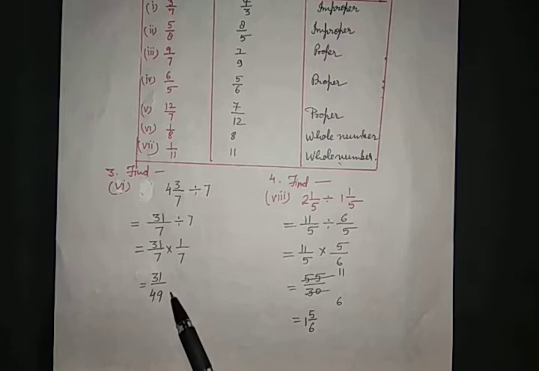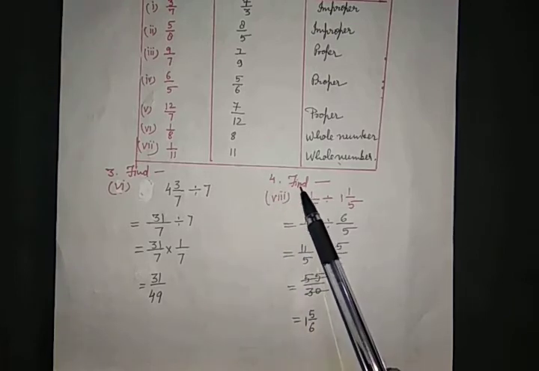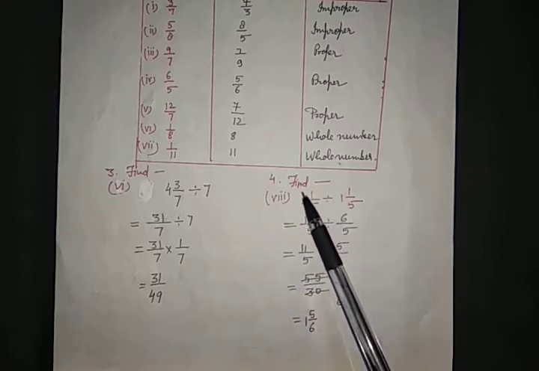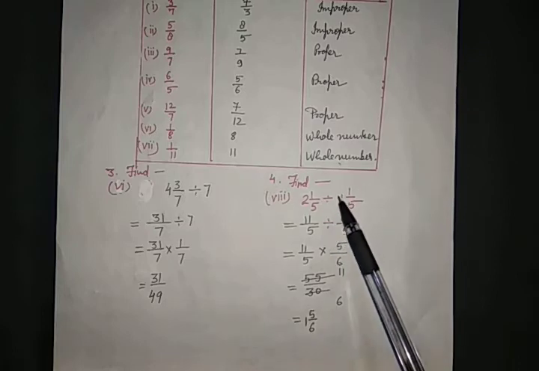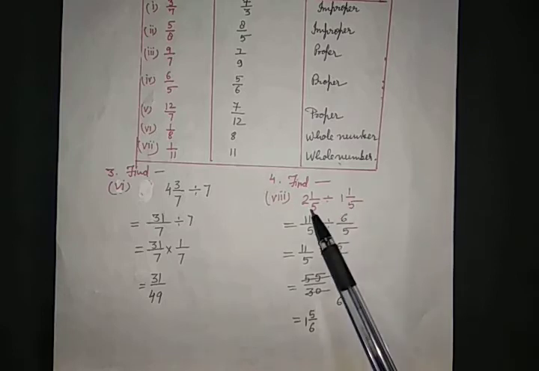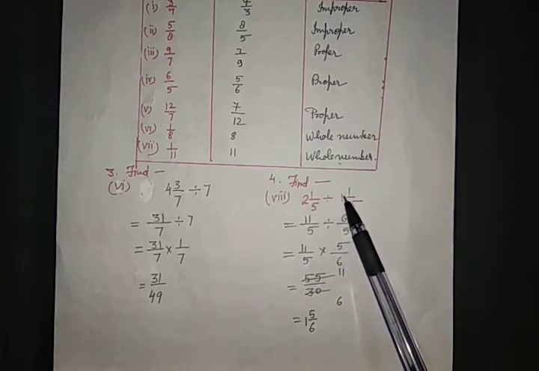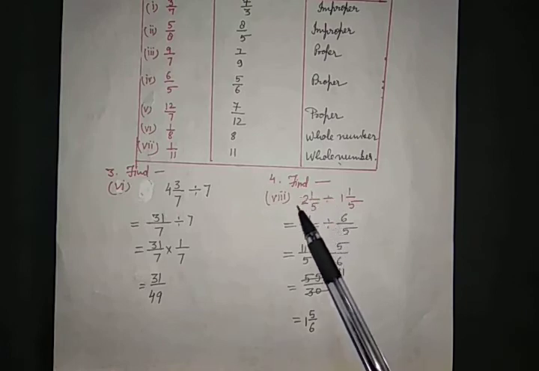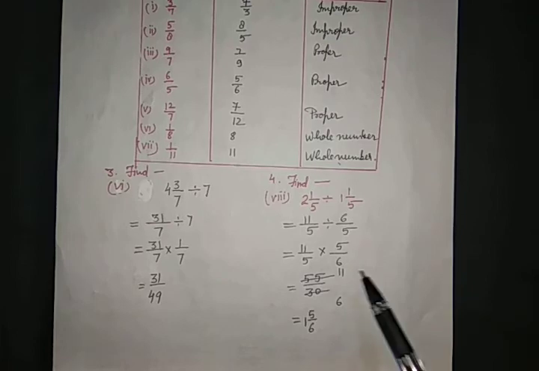Now see the eighth part of question number 4. Find. Here you have to divide a mixed fraction by a mixed fraction. Here 2 whole 1 by 5 you have to divide by 1 whole 1 upon 5. Both the mixed fractions you will write in the form of improper fractions.